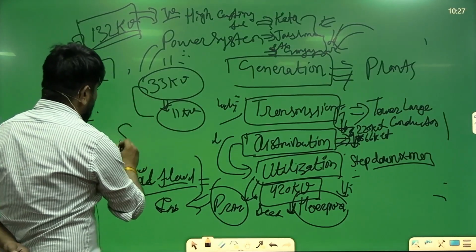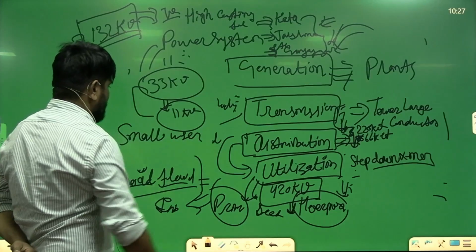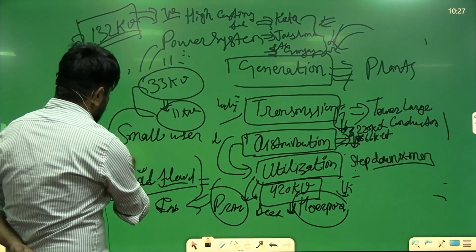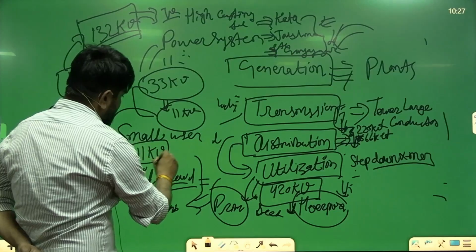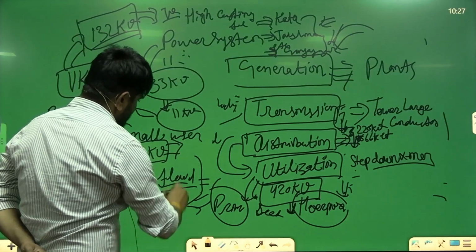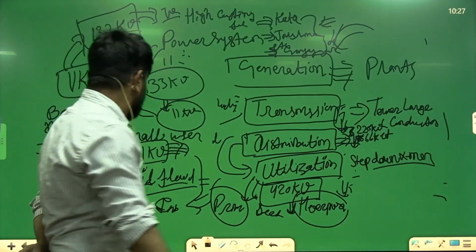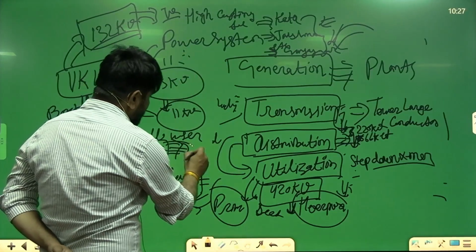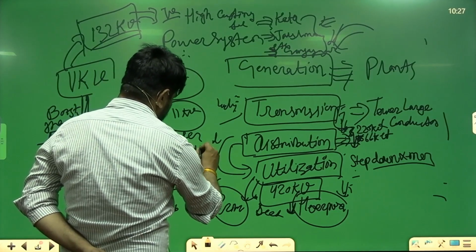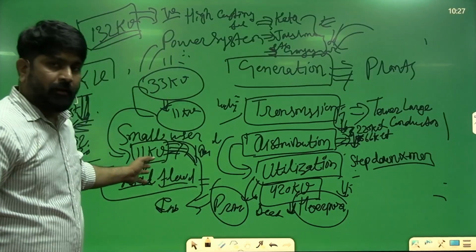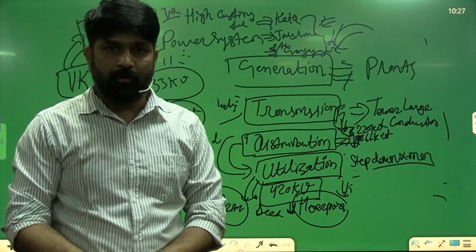For small users we use only 11 kV. You all know 11 kV transmission lines are always used in small cities, villages, towns, and so on. Again we decrease the voltage for utilizers, such as our home appliances.